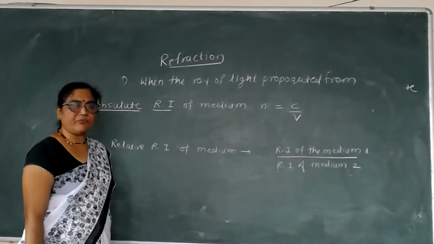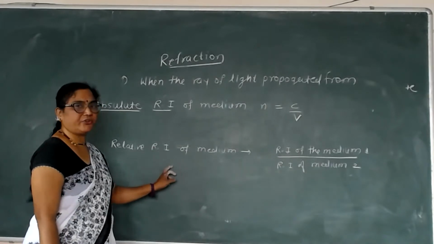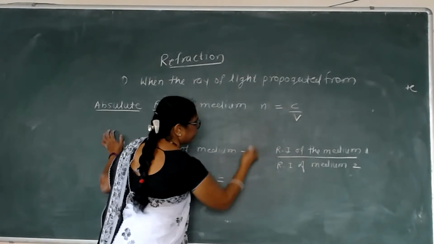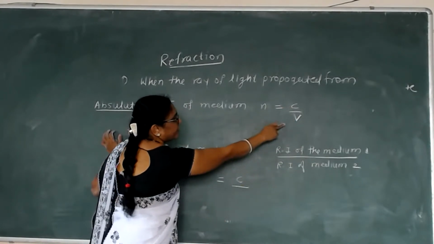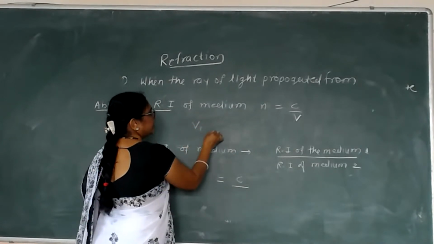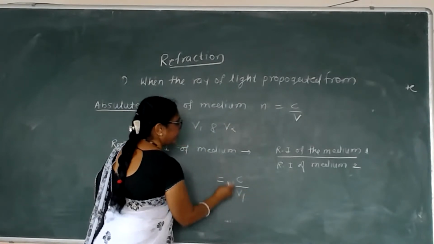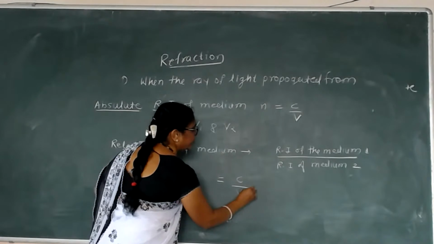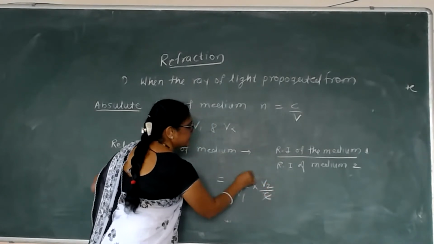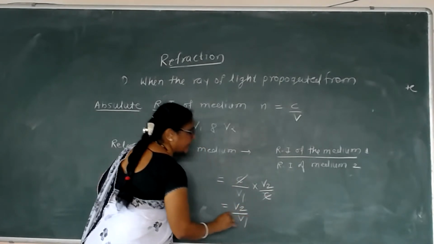The refractive index of medium 1 to the refractive index of medium 2 is known as the relative refractive index of the medium. Refractive index of the medium is c divided by v. When the medium changes, for the first medium, if the velocity is v1 and for the second medium the velocity is v2, then c divided by v1 divided by c divided by v2 gives v2 divided by v1. Here c gets cancelled. Therefore, we got the formula v2 divided by v1.